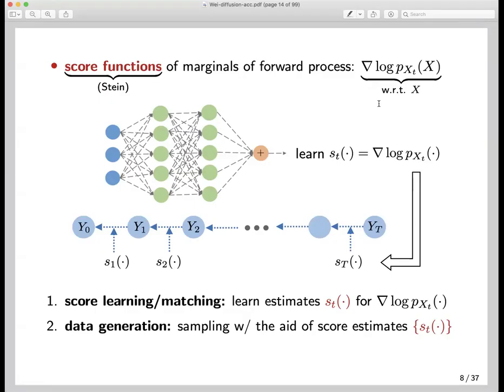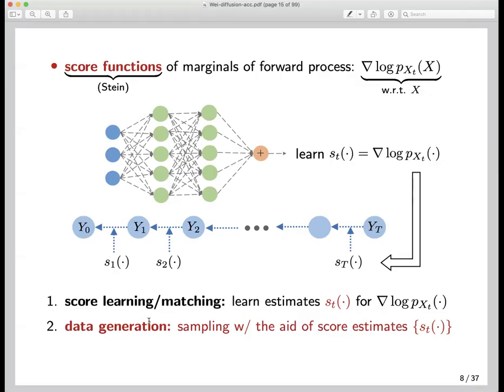The second phase is the data generation part, where you generate samples based on the score estimates. Because developing a theory for diffusion models is hard, people decouple this hard task into two phases and try to do them separately. In this talk, I will mainly focus on the data generation part.